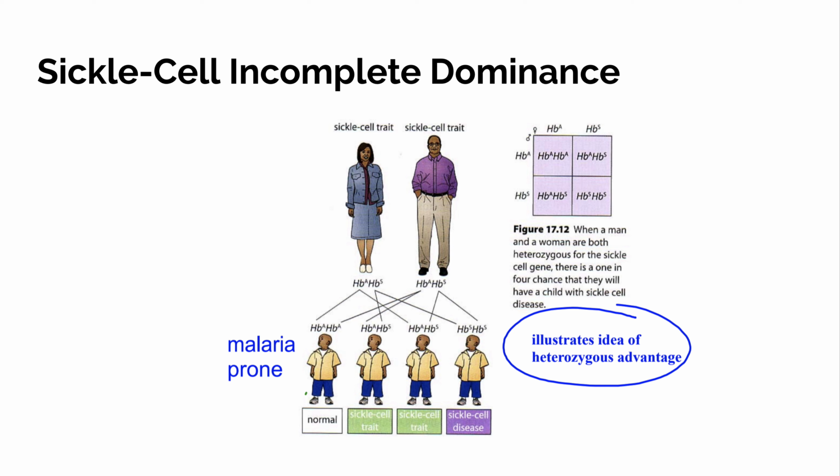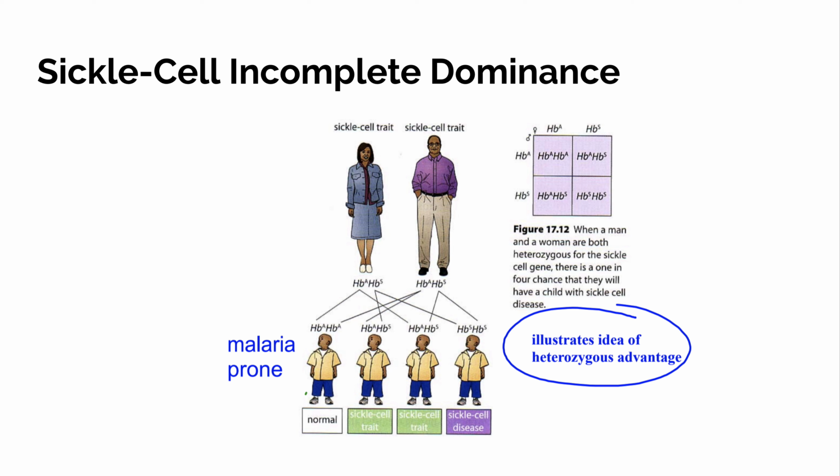But people who have regular hemoglobin are prone to the malaria parasite. And the people who have sickle cell anemia are not. So there is something as well where you're a sickle cell carrier. You have one regular allele and you have one sickle cell allele.